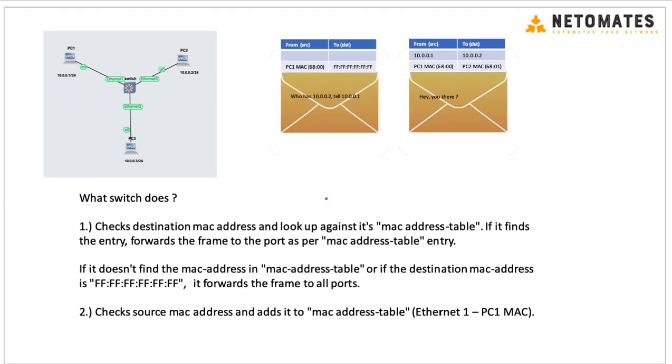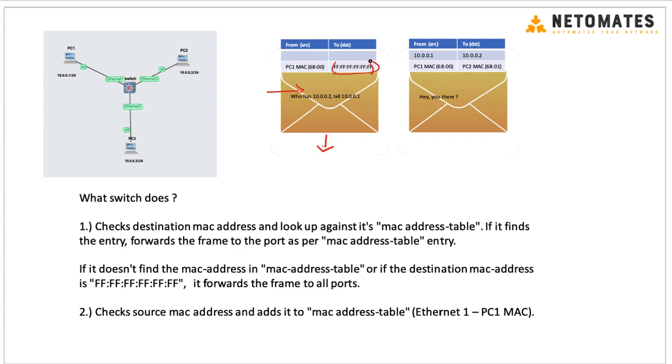So let's see what kind of packets will come to the switch and what exactly the switch will do. This is the ARP request it might receive when PC1 tries to reach PC2. It is an ARP request, meaning it has to go to all the machines in the same network. When a switch receives a packet, it needs to forward it, right? It doesn't keep it on its own. It needs to forward it to another interface or port or network interface card.